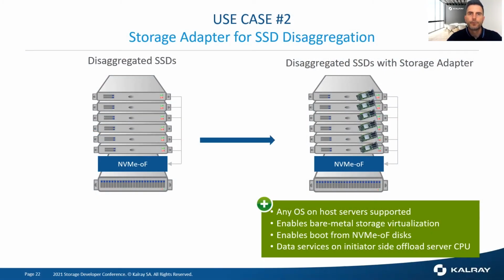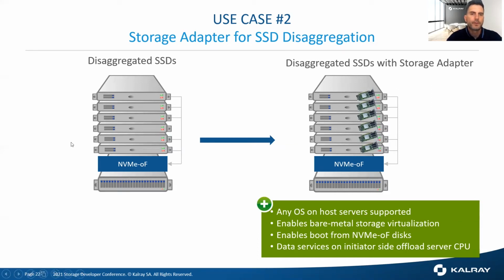Basically, use case number 2 starts from where we left in use case number 1. So on the left, we have our situation where we have disaggregated SSDs by using a NVMe over Fabric all-flash array. The all-flash array usage brought quite some advantages, but there are still some issues. The first problem is that you need an operating system on the server that has NVMe over Fabric support, of course, which is not the case of all operating systems supported today.